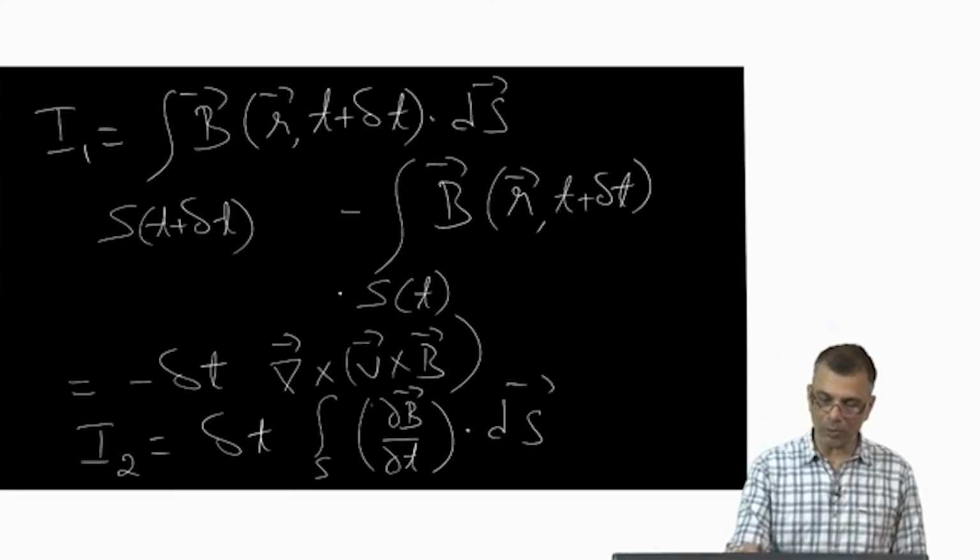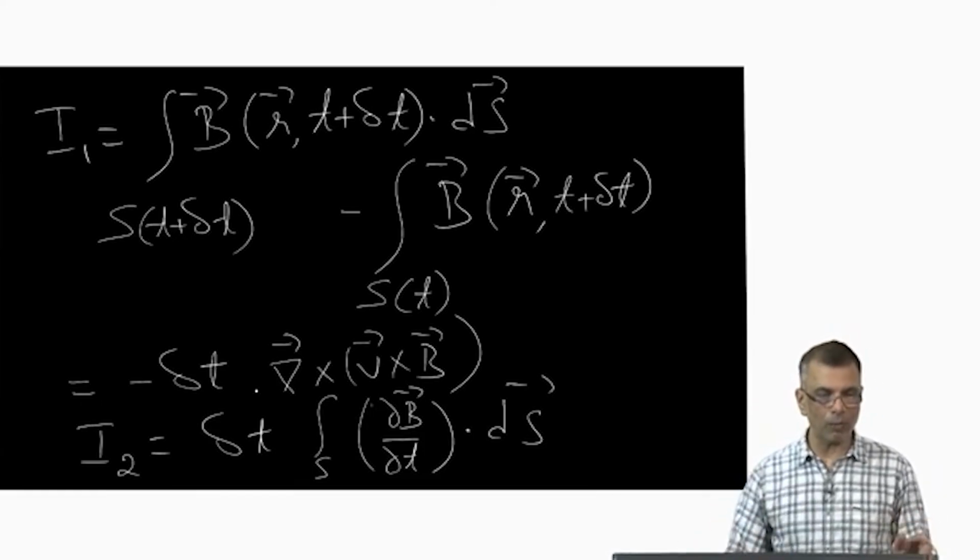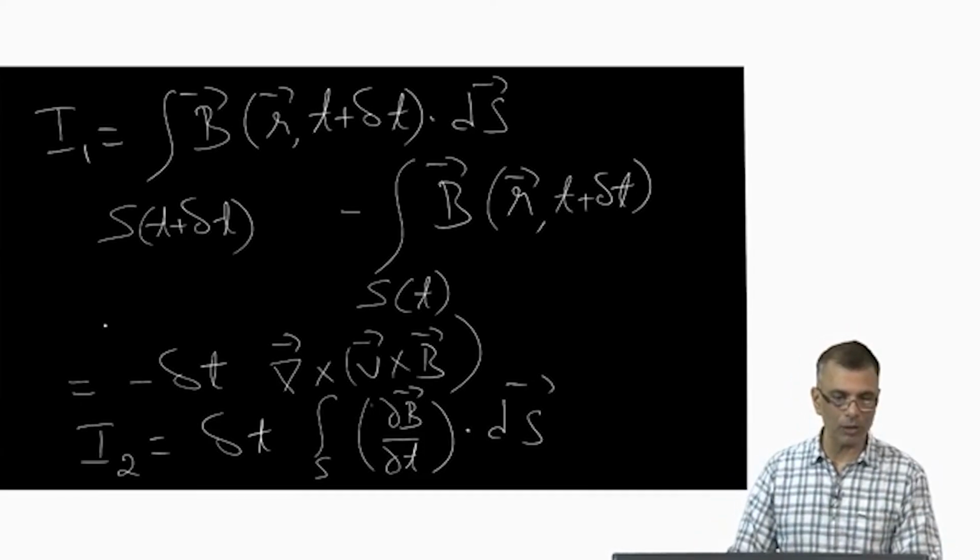So essentially this becomes I1 and this becomes I2, and I1 plus I2 is what we are concerned with, of course.